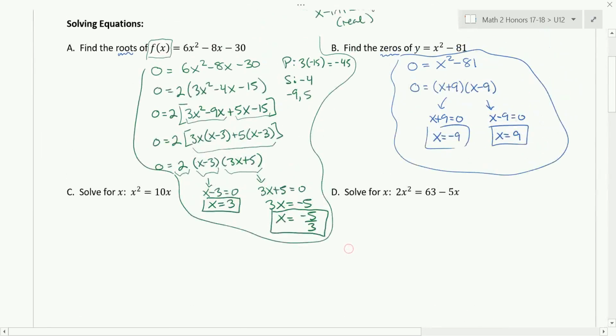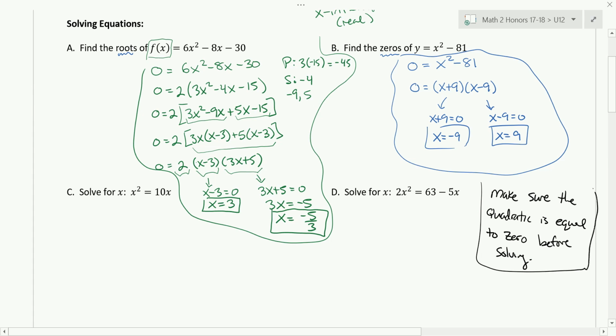I'm going to write that down here. Okay. Make sure the quadratic is equal to 0 before solving.